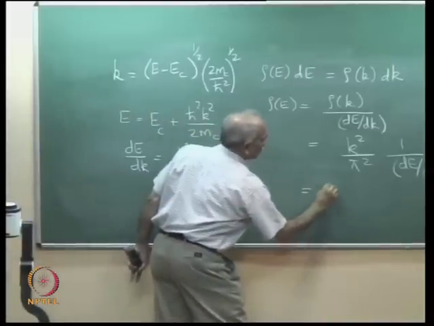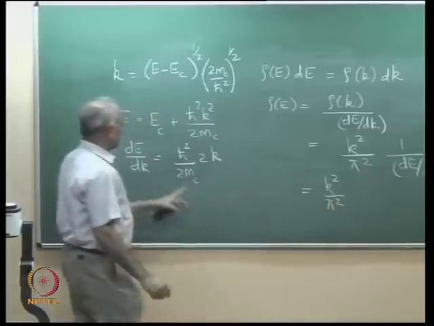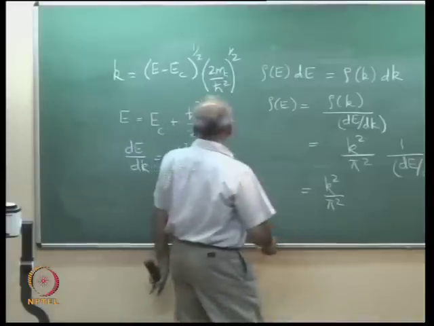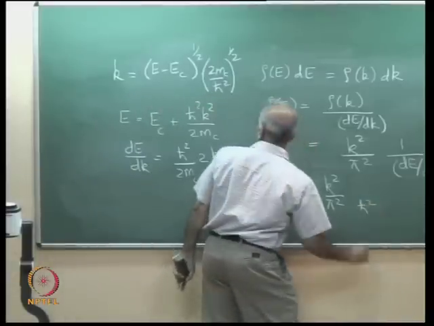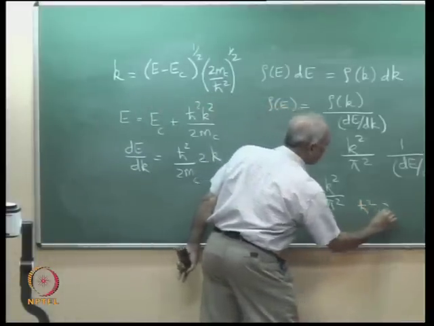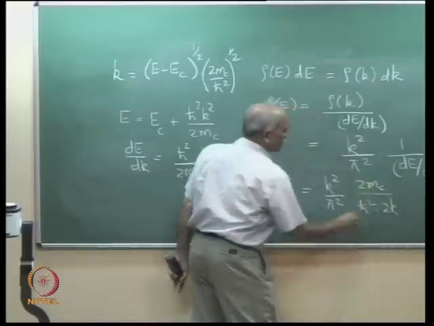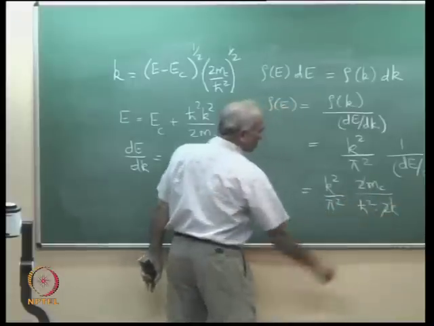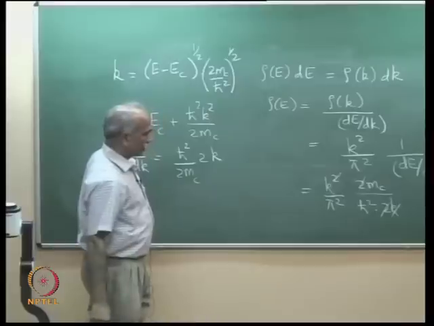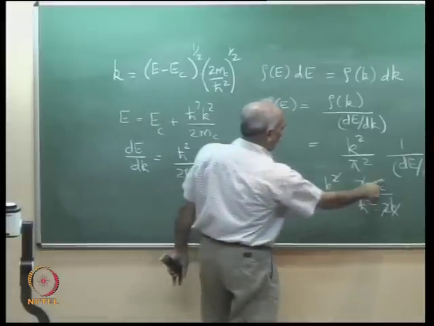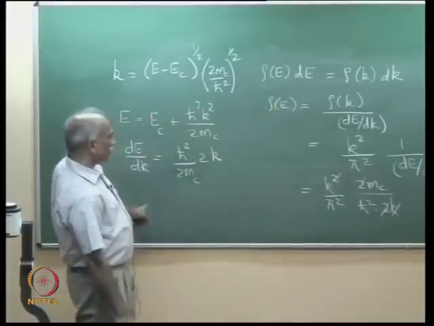Therefore, this is equal to first k square by pi square divided by dE by dk. So that is just this: h cross square in the denominator into 2k divided by twice mc. So 2 goes here, 1k goes here, 1k goes there. So we have mc by, is that all right?